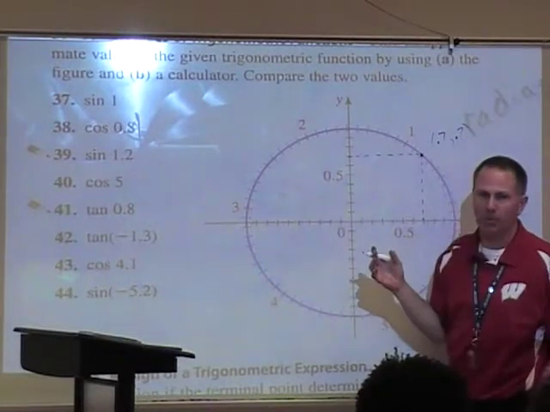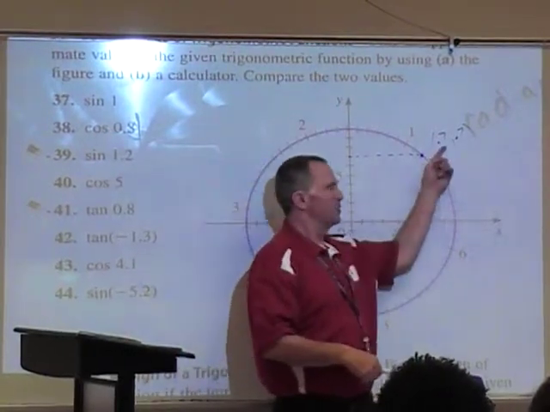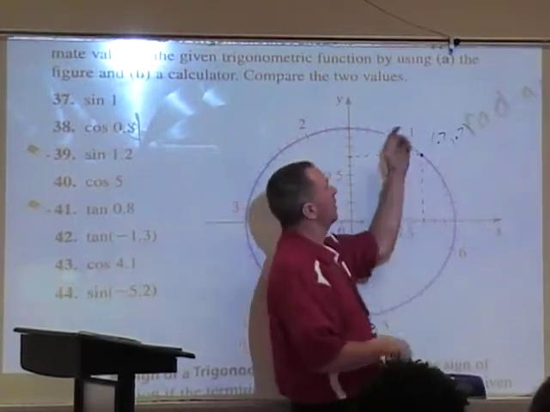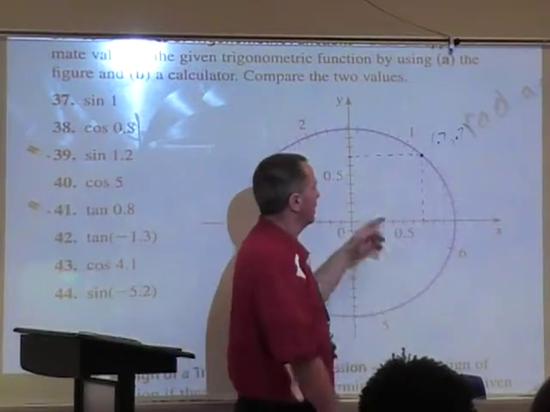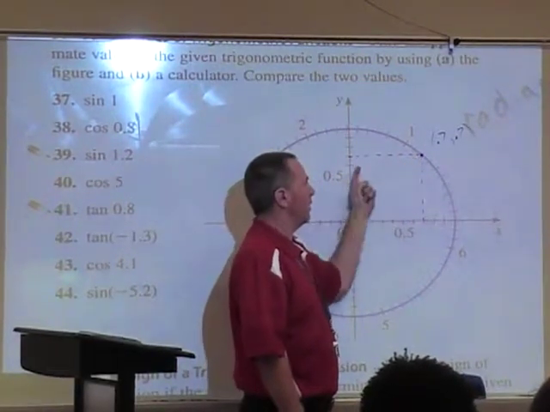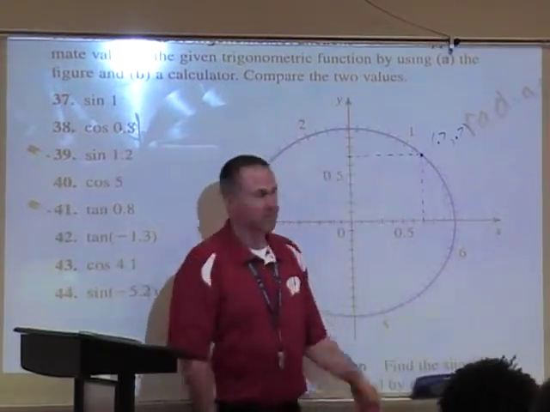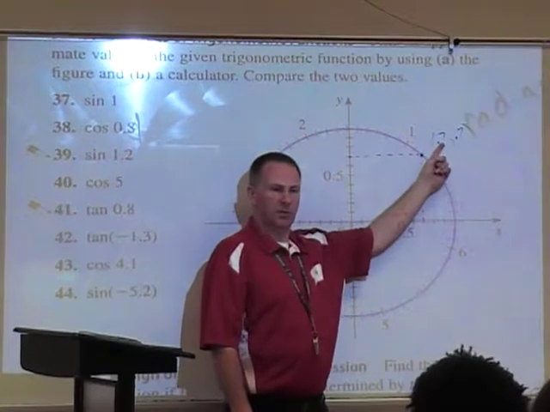Now, it's not asking for both of those. This one just wants to know the x value, so I'm assuming it's 0.7. So this is part A, approximate. I find where I'm at on the radian measurement, and then I look for the y or the x, or both of them if I'm going to do tangent. And I'm approximating. My answer is going to be 0.7.